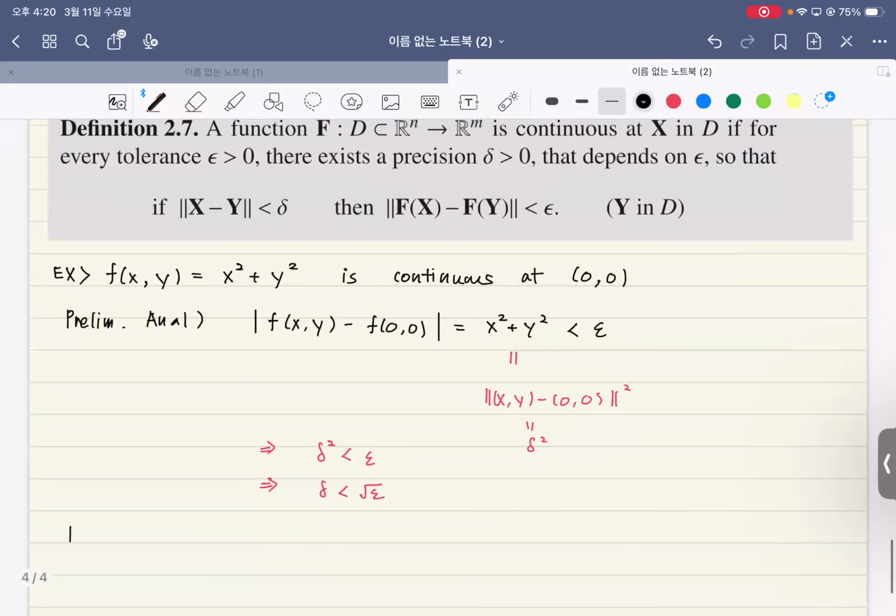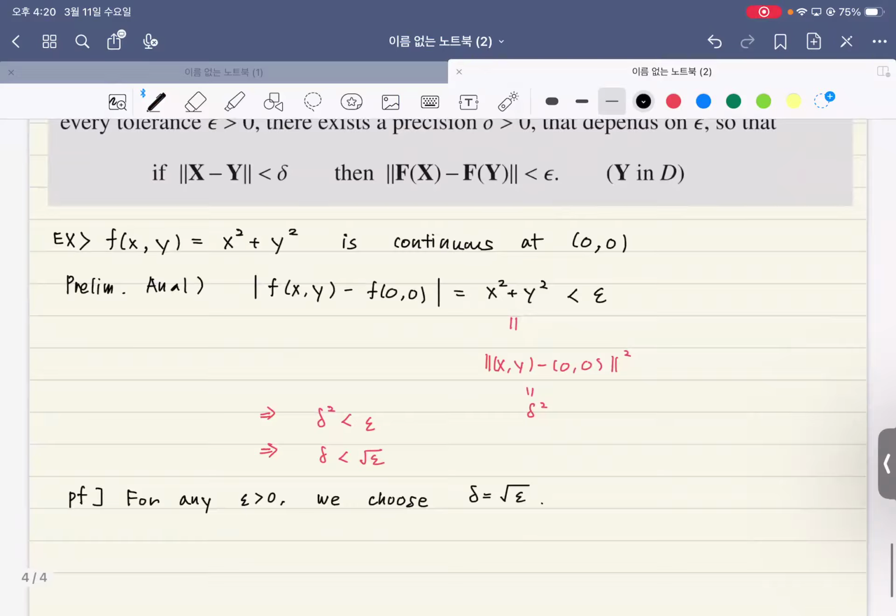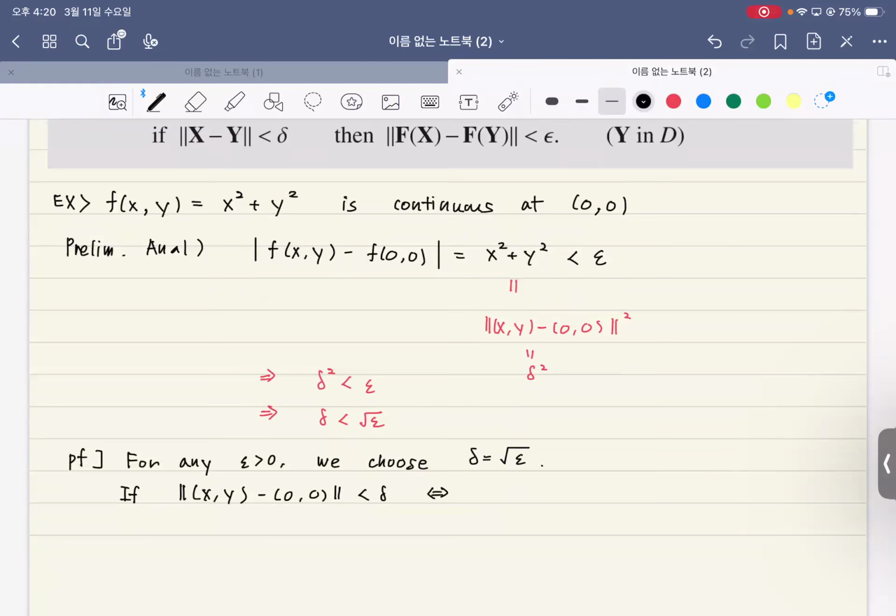All right, so I will prove this. For any epsilon, we choose our delta to be the square root of that number. Then if the distance between x, y and 0 is less than delta, this is the same as x squared plus y squared being less than epsilon.